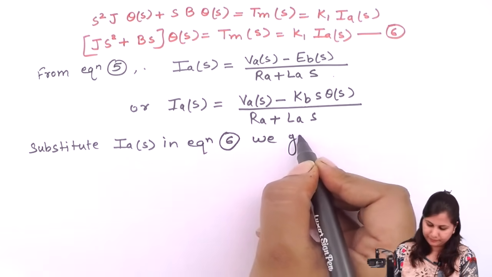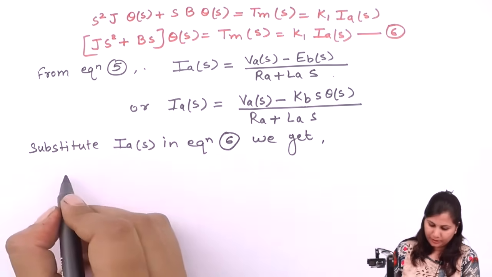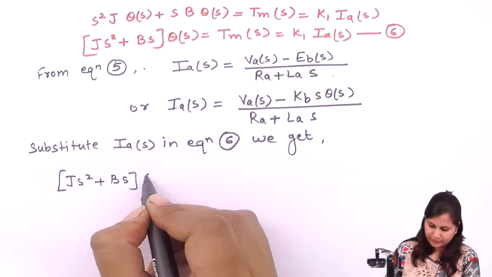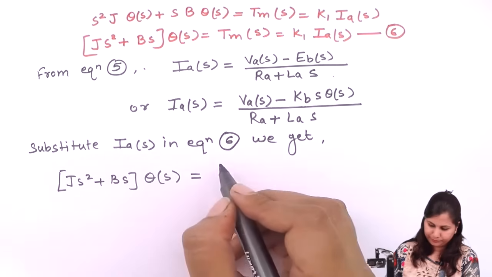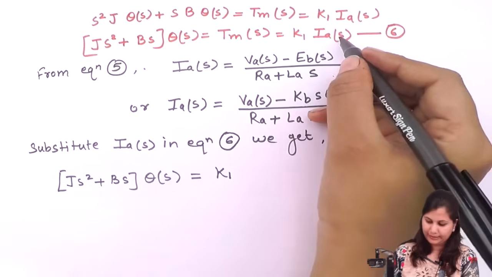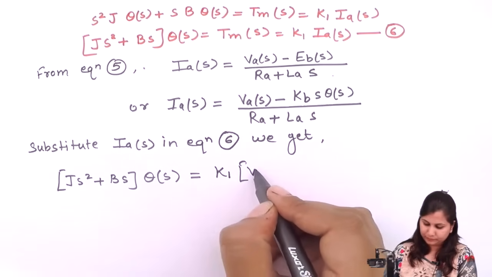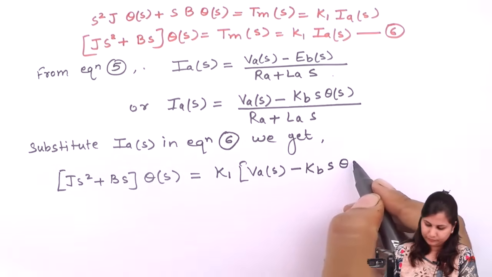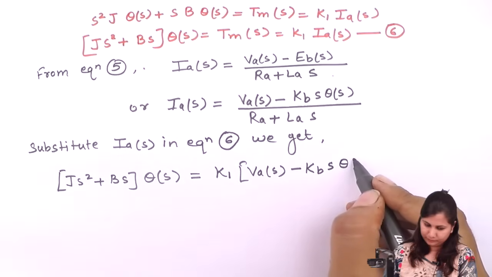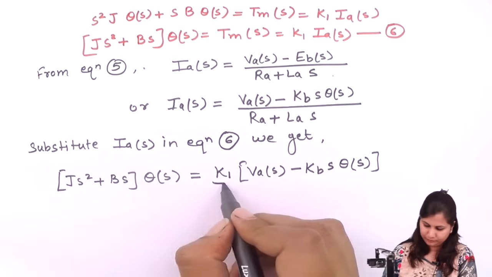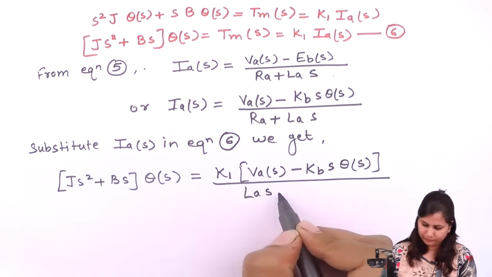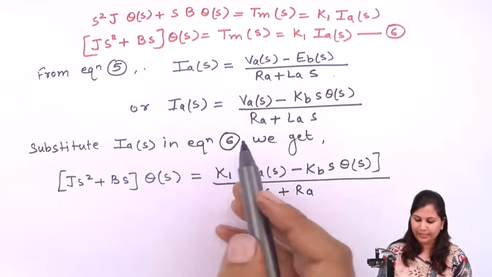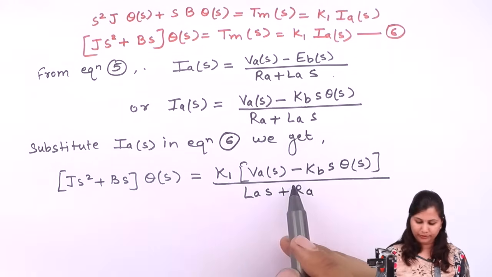We get (JS square plus BS) theta S equal to K1 and IAS. So we have put the value of IAS from this equation to this.